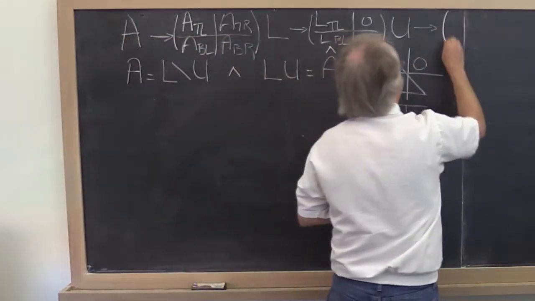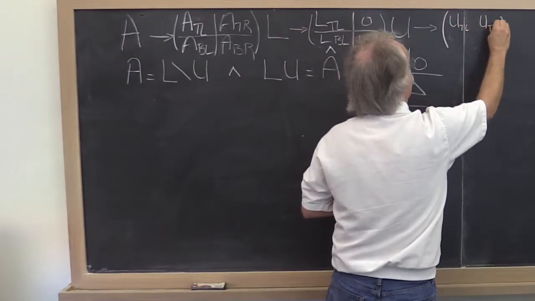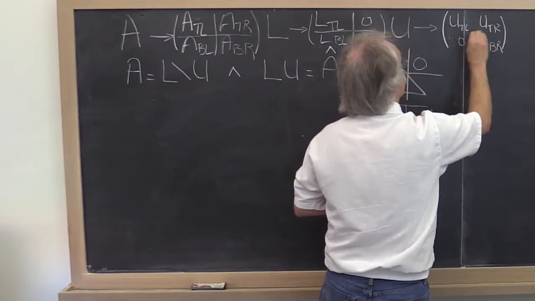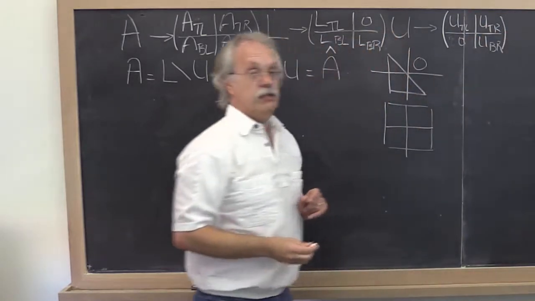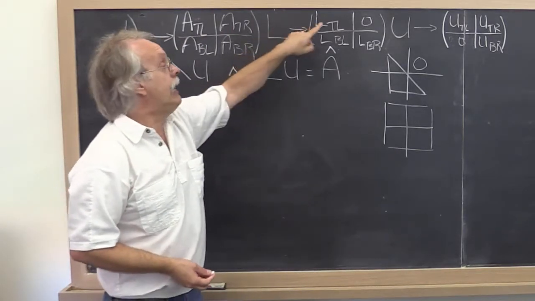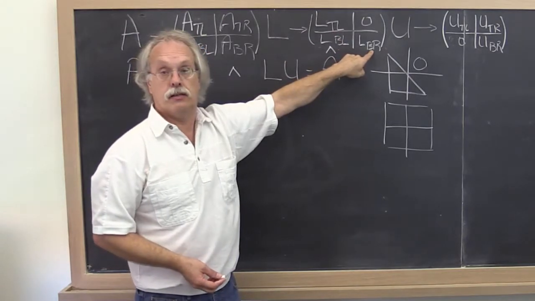And then the same thing is true for U, which becomes U top left, U top right, U bottom right, with a block of zeros right there. Because L is unit lower triangular, L top left is unit lower triangular, as is L bottom right.